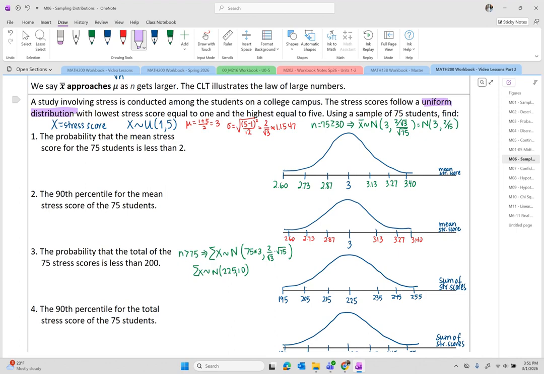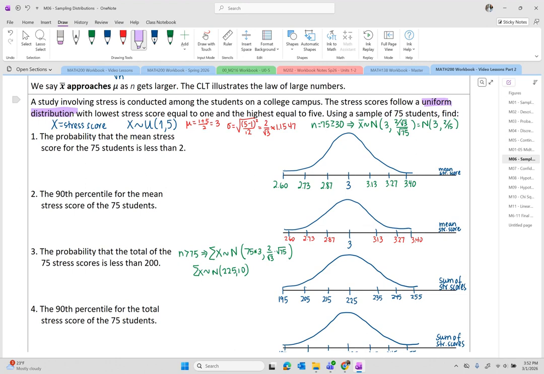From our formulas, the mean of that uniform distribution is the lowest plus the highest divided by 2, which is 3. The standard deviation is the square root of the highest minus the lowest, squared, divided by 12, which is 2 divided by the square root of 3 if you simplify, and that is approximately 1.1547.